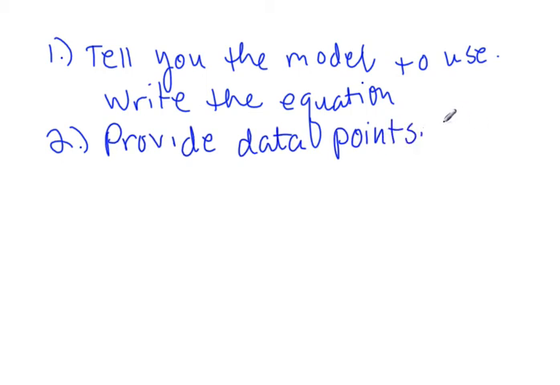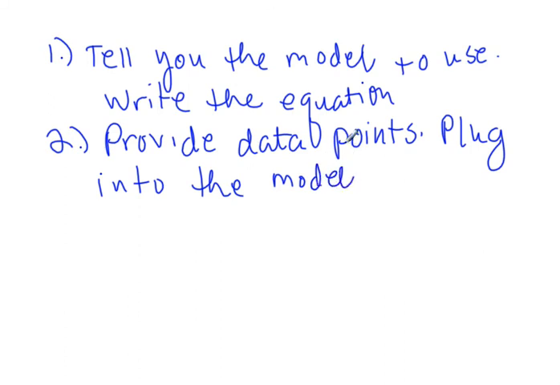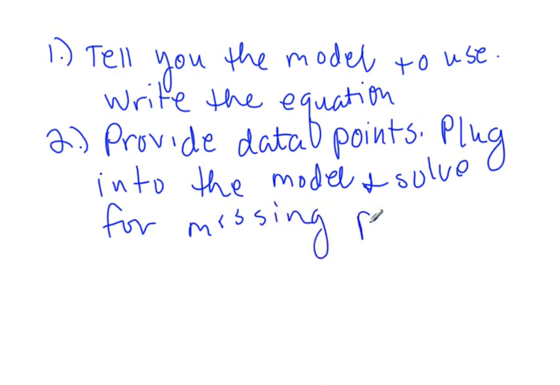You should plug these values in and solve for missing parameters. The missing parameters are the real values that are given in the model. So you'll have to take the data points and solve for it.